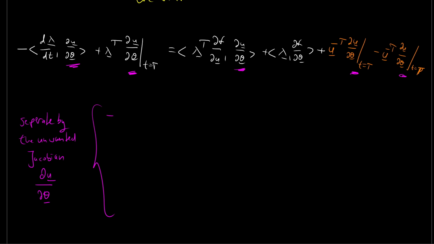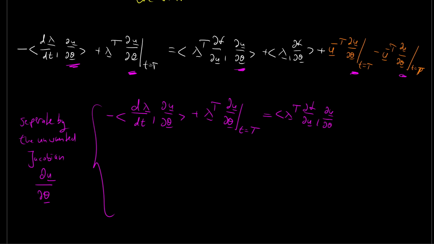So here we will have minus the inner product of d lambda with respect to t, and then du by d theta, plus lambda transpose, then the unwanted Jacobian evaluated at t equals capital T. And on its right-hand side, we will have lambda transpose df with respect to u, and then the unwanted Jacobian.